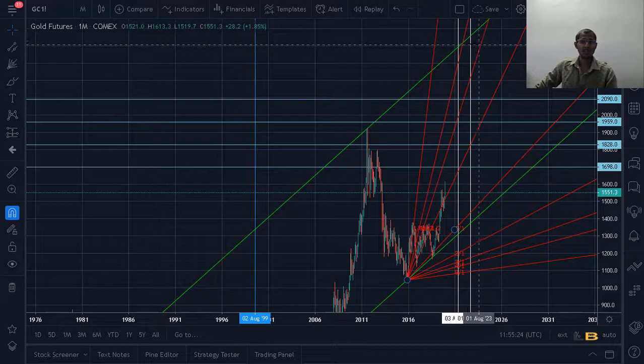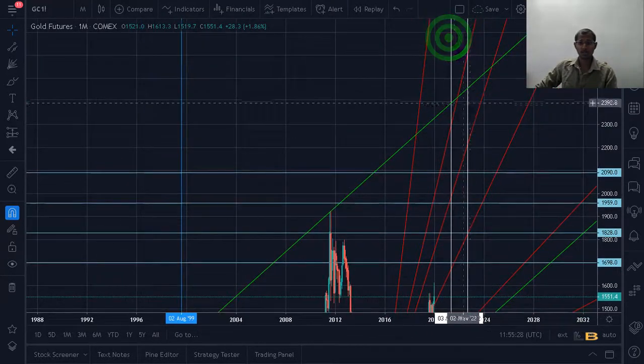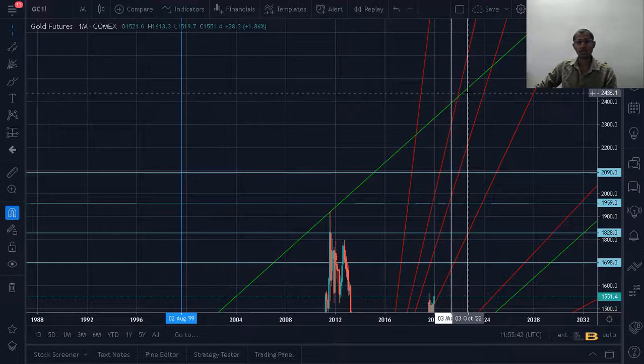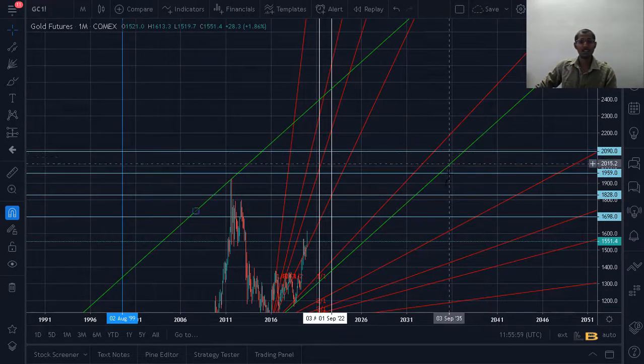after the target is achieved. So watch for these levels very closely, and most importantly understand where at the channel the intersection takes place. This is exactly 2450 and this is 2400. Watch for these two levels because they seem to be very important in both the aspects of price and time.